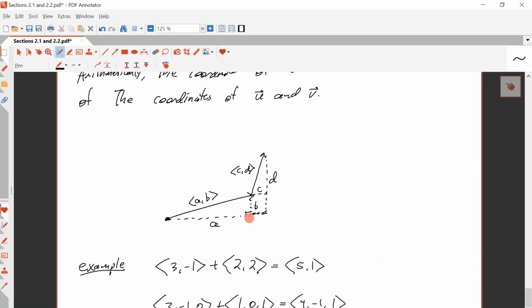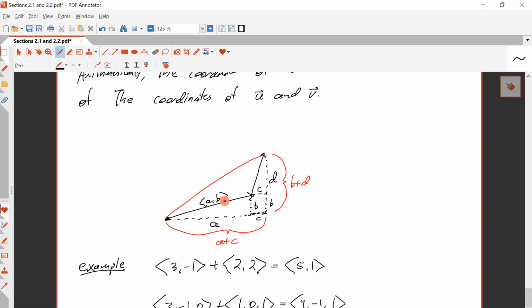Now this length here is a plus c, and this length right here is b plus d. But this vector here is the sum, (a, b) plus (c, d).